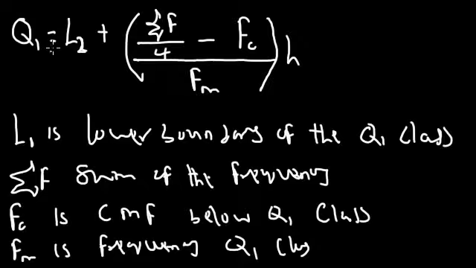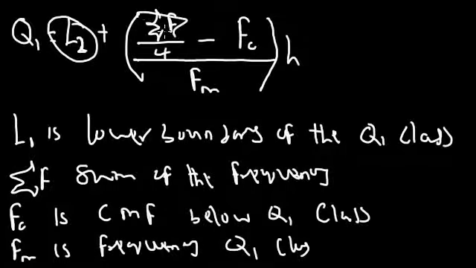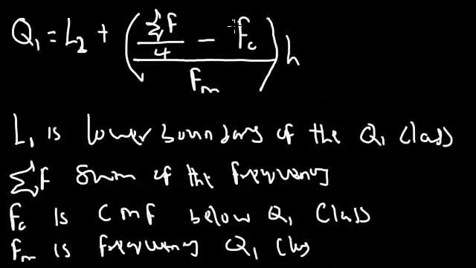If it is Q3, we'll consider an example: this will be the lower boundary of the Q3 class, 3/4 multiplied by summation of F, the cumulative frequency below the Q3 class, and the frequency of the Q3 class. And that's how it works.